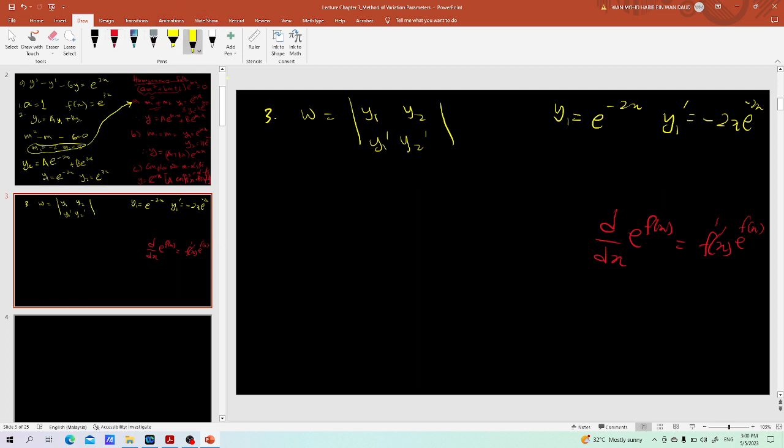Next, y2 equals e^(3x). So y2 prime we have 3e^(3x).